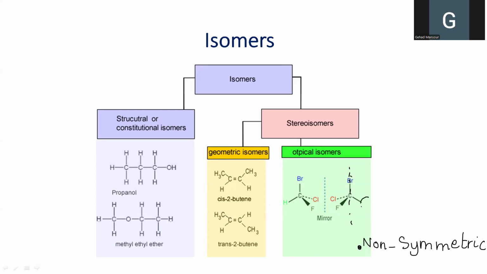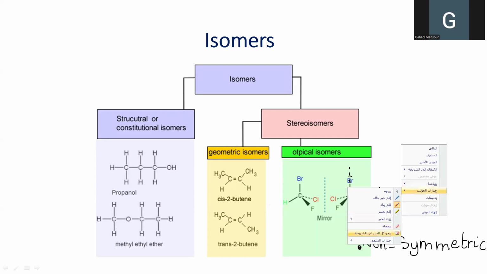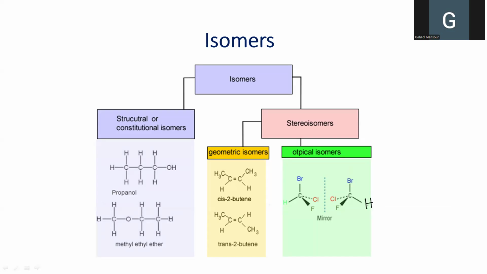So here, for example, if I consider this unknown part of the molecule, or let it be a hydrogen atom, as it is in the other molecule, let this be another hydrogen atom. So here you have a central carbon atom, which we call a chiral carbon atom. What is a chiral carbon atom?